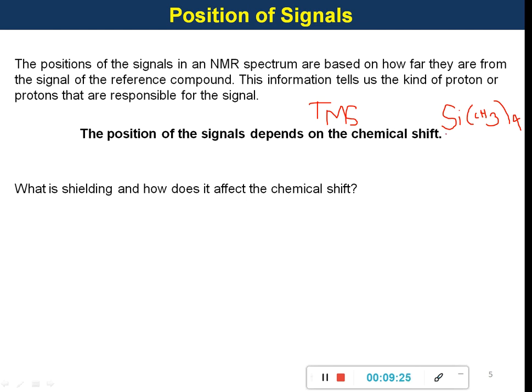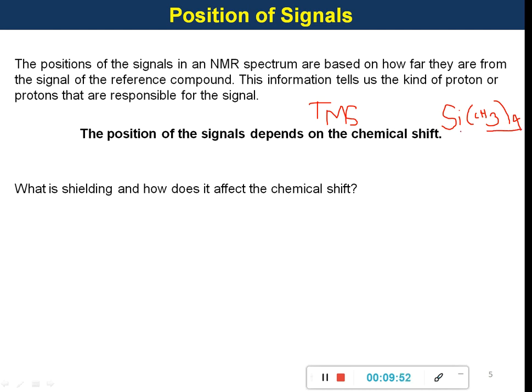TMS absorbs in the upfield region compared to most other signals of any other molecule because its methyl protons are in a more electron dense environment than most protons of any other organic molecules.